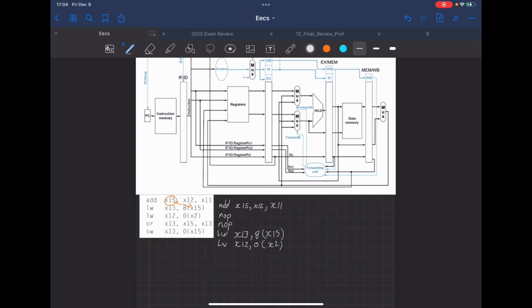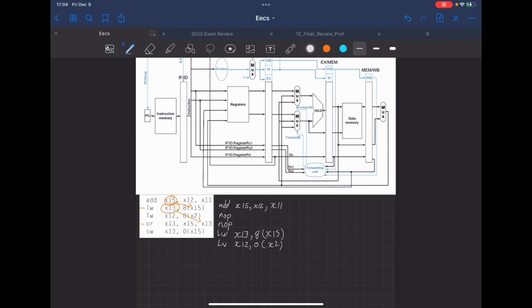For the OR, we have to OR together X13 and X15. This destination register from this load word is going to be used here. So we have to make sure there are 2 spaces between this load word and this OR instruction.